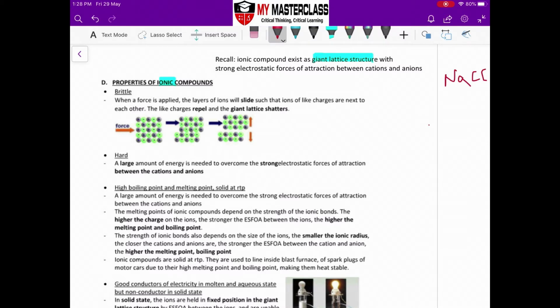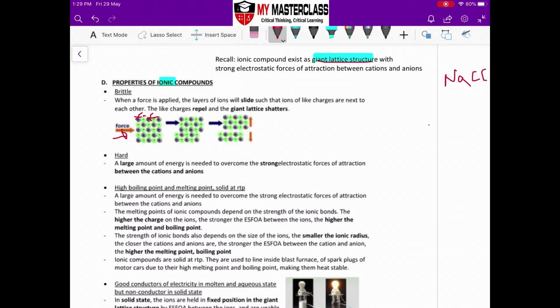So they form a structure called a giant lattice structure, which looks something like this. We have a sodium ion attracted to the chloride ion, attracted to the sodium ion, attracted to the chloride ion, and this attraction keeps repeating in a three-dimensional structure.